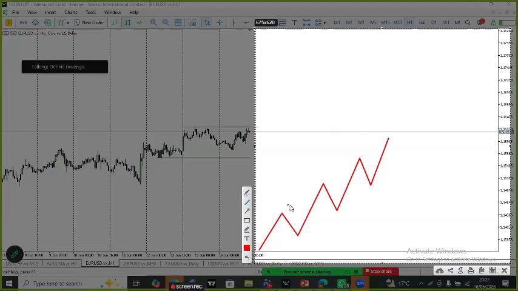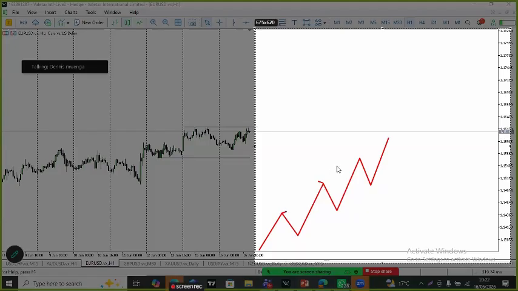Anyway, so as I was saying earlier, a bullish market structure involves price moving in a series of, this is the ideal structure. First of all, this is just the ideal. So it involves price moving in a series of higher lows and higher highs. Higher highs are these peaks.